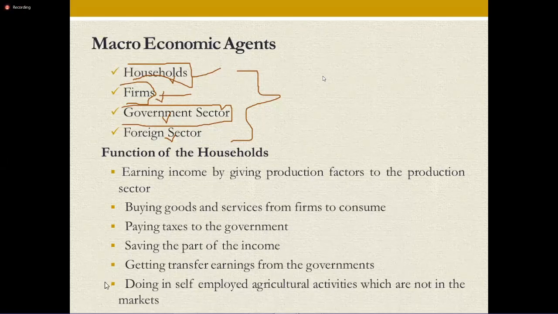So we were talking about the macroeconomic agents. Each and every one of these agents has a certain function. So what are the functions of households? They are earning income by giving production factors to the production sector.